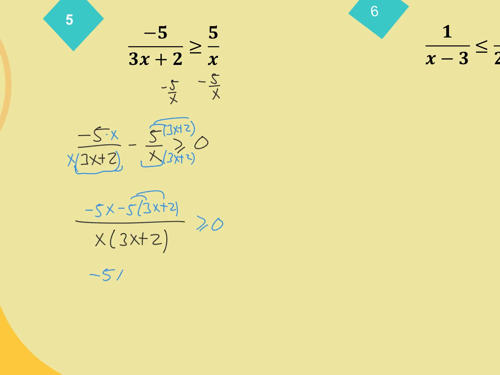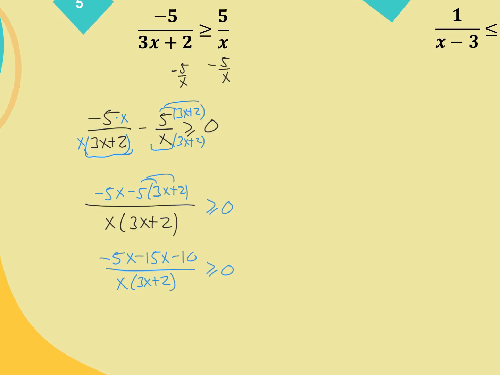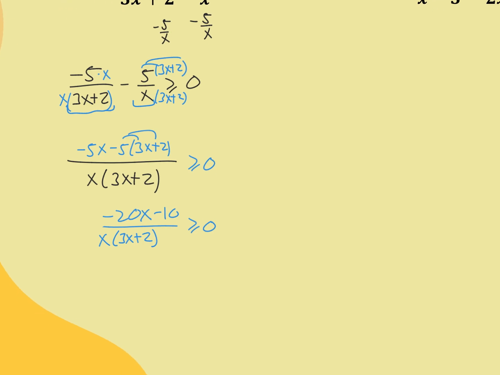And then I get negative 5x minus 15x minus 10 over x times 3x plus 2, greater than or equal to 0. Right, and negative 5x minus 15x is going to get you negative 20x. Let me just replace that now, just to save a little bit of writing. So I get negative 20x minus 10 on top, and then I get x times 3x plus 2 on the bottom.